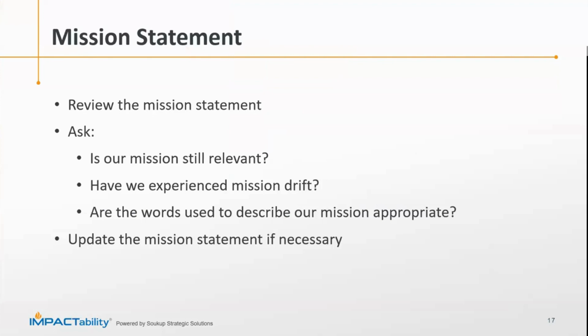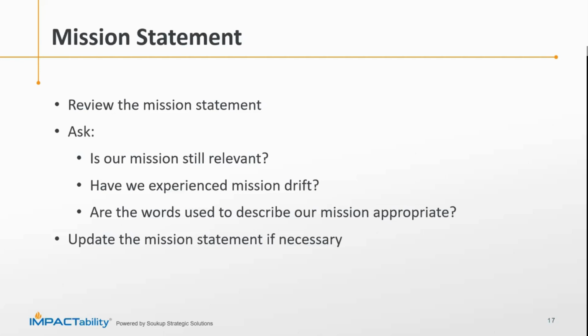So during strategic planning, and often at the retreat, but sometimes in committee beforehand, we'll review the mission statement and determine whether or not it needs to be addressed. With some of the questions that we ask, like is your mission still relevant? Are these words continuing to describe why you exist, the purpose for your organization to be working in the community?